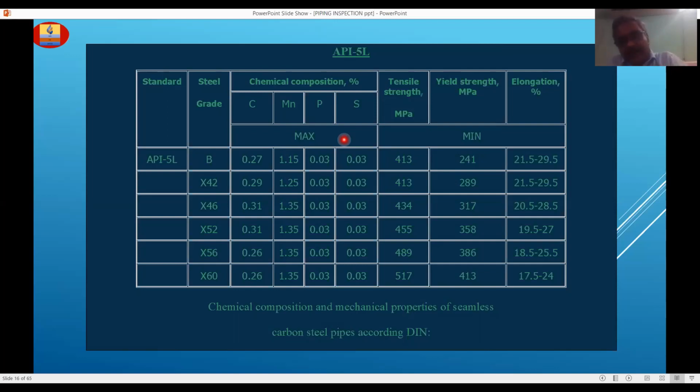Sometimes 5L Grade B is also used in plant piping. This is all gathered information from the codes and standards. I am keeping it here for easy, immediate reference, for your understanding. A book has been prepared by me quoting all these things. You can ask me, I will send you the PDF.